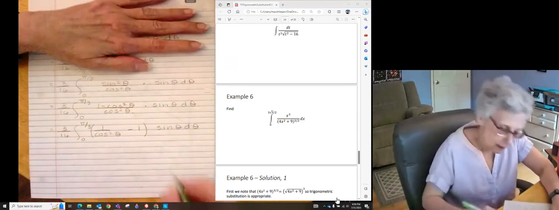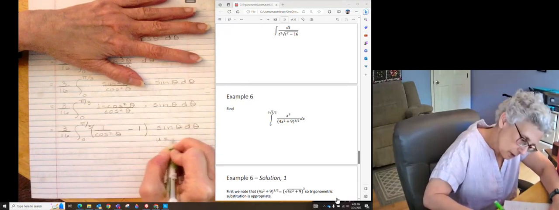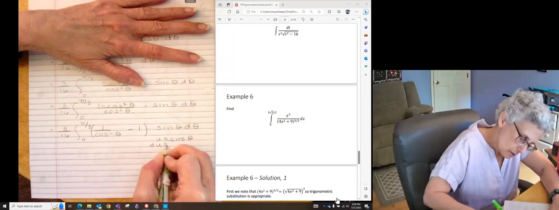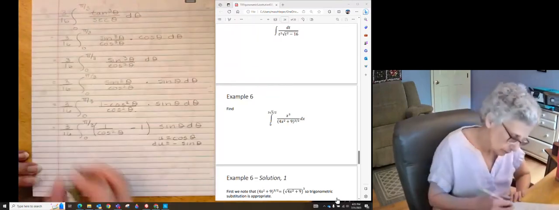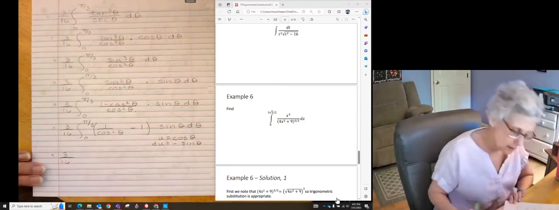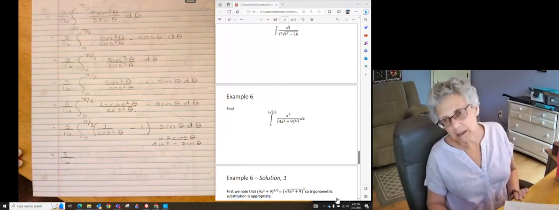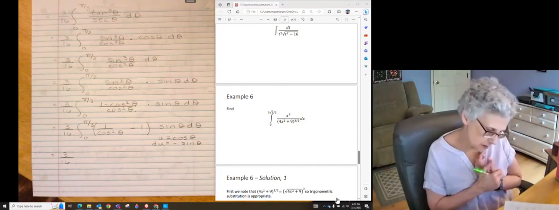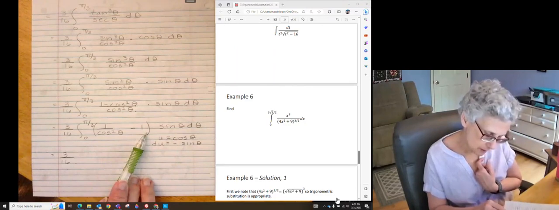So I'm going to continue just like I would have in the last one, where I would let u be equal to cosine of theta, then du is negative sine of theta. So this would be 3 over 16. And let's see, we would have to update limits of integration and divide it into 2 pieces, because I really don't want to use substitution on this piece.